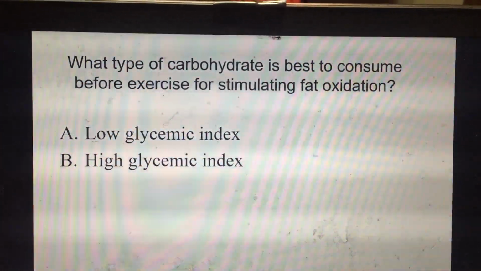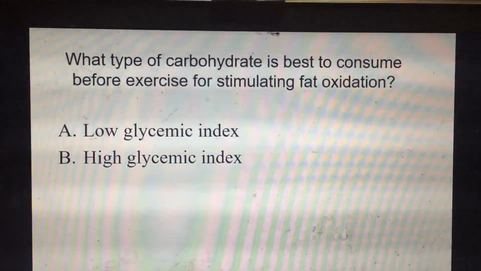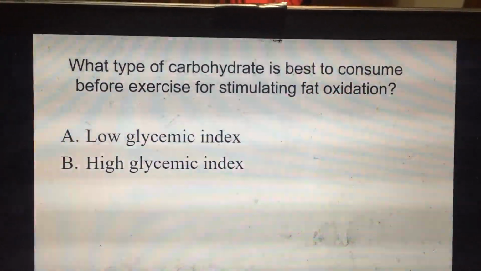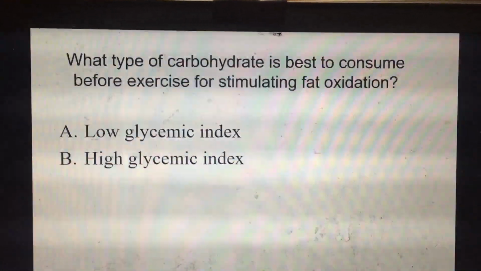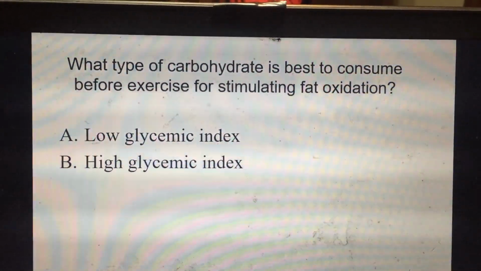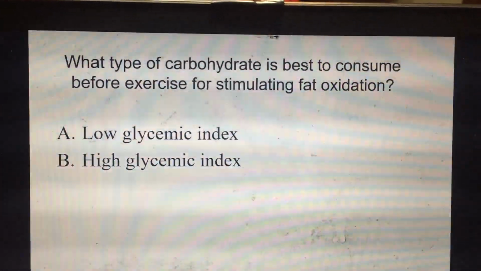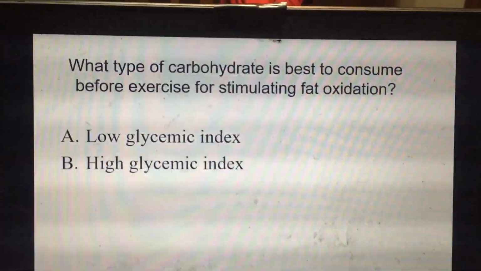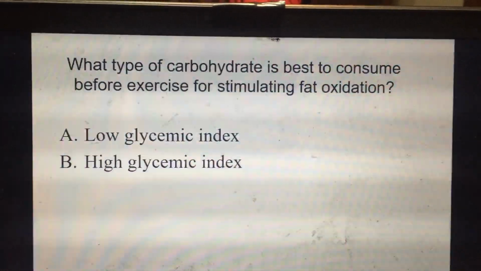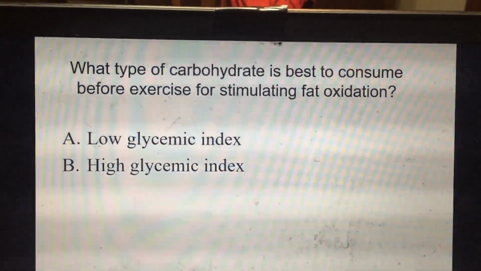So you get less of an inhibition of fat oxidation if you can consume a low glycemic index carbohydrate before exercise. And I went over some examples of low and high glycemic index carbohydrates last class. So I put up a table last lecture that showed you some foods that were different.